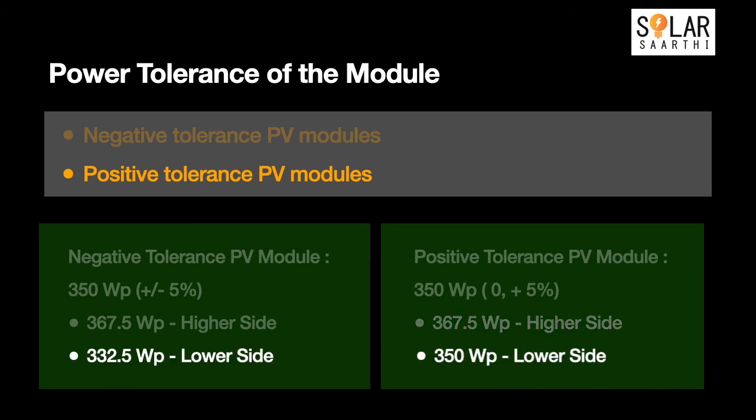And since the negative is not there, the lower side would be 350 watt peak. Now, if one selects a positive tolerance solar PV module, that is 350 watt peak with a 0 plus 5% power tolerance, the power rating of the module selected would be between 350 watt peak and 367.5 watt peak. It will never go below 350 watt peak.